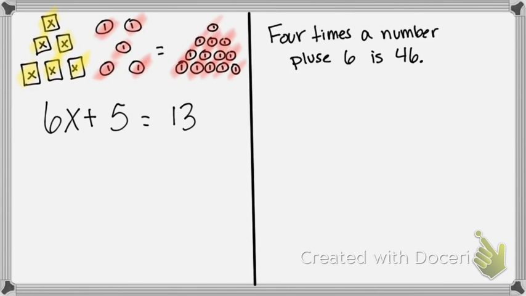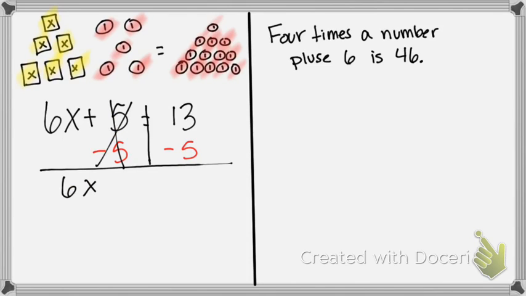Now I can go ahead and do my two-step process. I'm going to split it in half. My inverse operation for the plus 5 is going to be minus 5. I get 6x. That cancels out to 0. And then 13 minus 5 is going to give us an 8. Now my second step. In this case, 6x is being multiplied.